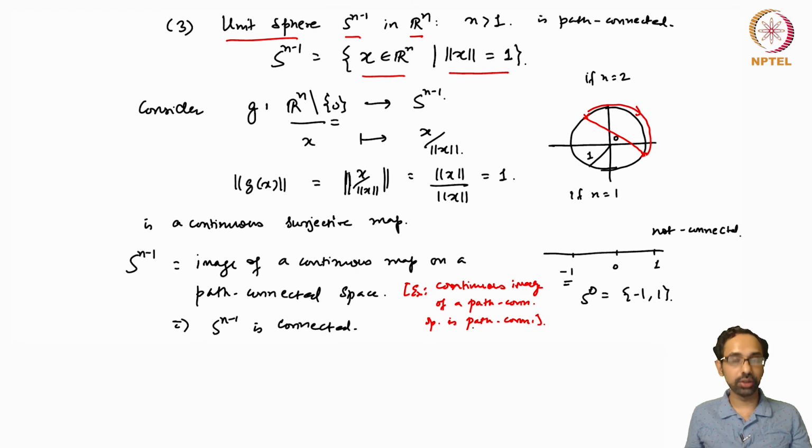You can easily show that this is true. We have seen some examples of path connected spaces, and now we can try to see some examples of spaces which are not path connected, and even examples of spaces that are connected but not path connected. We have seen that path connectedness implies connectedness, but the converse is not true, and we will see a couple of examples in the next lecture.